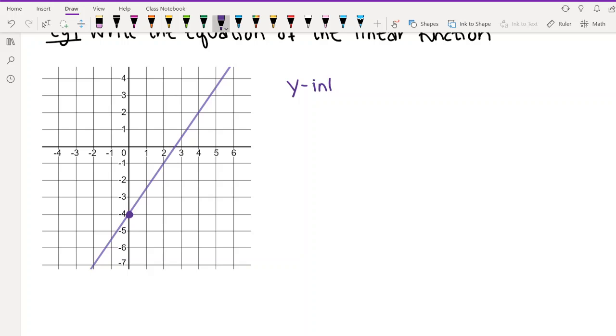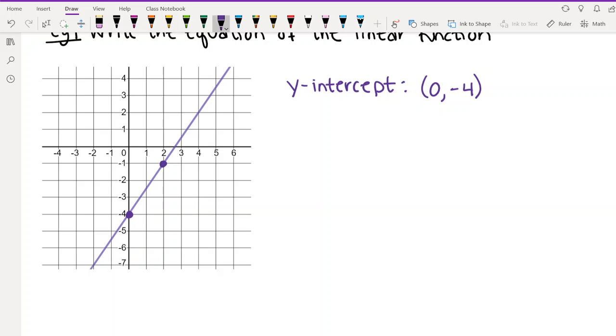So the y-intercept is going to be, I like to write the y-intercept as an ordered pair, (0, -4), or you could just say the y-intercept is -4. Now we need to find the slope. How do we find the slope? Well, just pick another nice looking point on your graph, a place where you can tell that the graph definitely goes through that point.